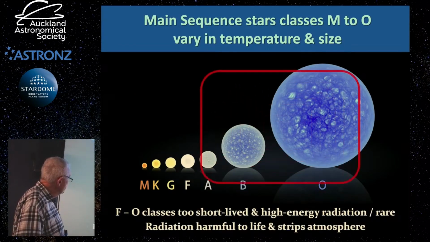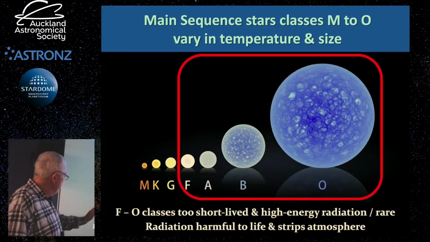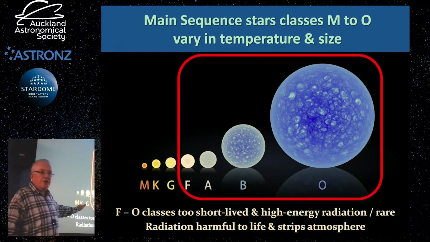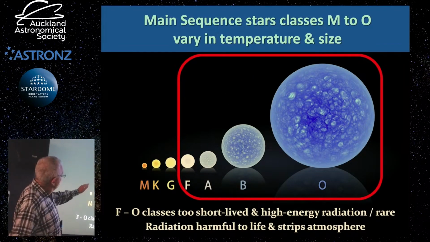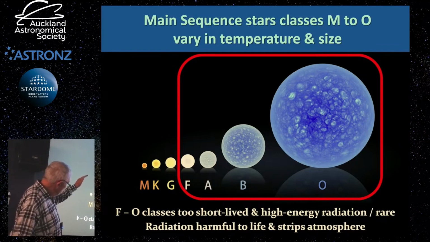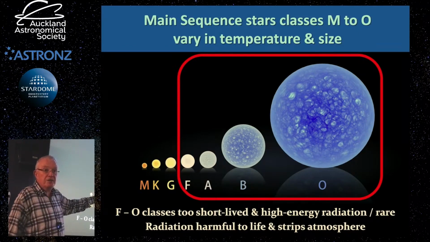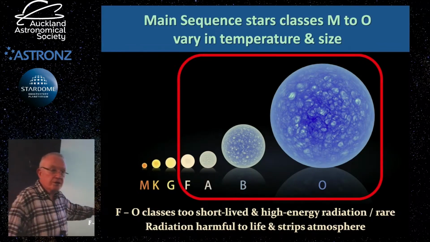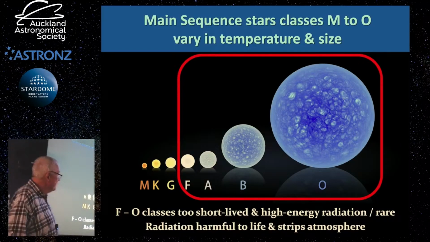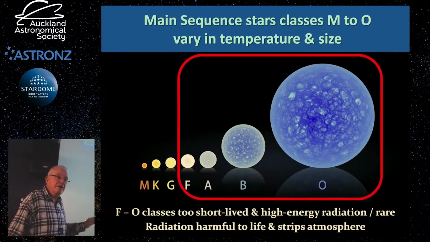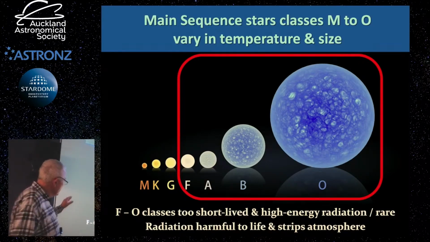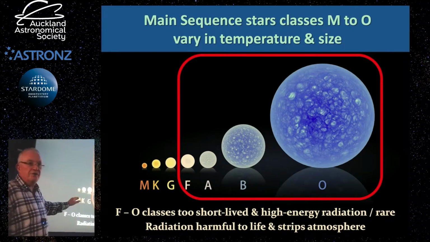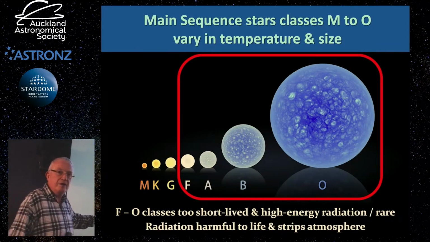So these F, A, B and O class stars are too short-lived. You want a star that's going to offer a steady range of temperatures, relatively stable, and that lives a decent length of time as well. So the F to O classes are too short-lived. Life won't have enough time to get moving.